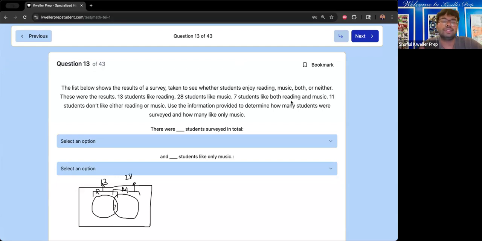If you know how to do it simpler, this is just my way of breaking it down. I can solve this pretty easily, but if you know an easier way, do it that way. This is just a way to think about it, okay?